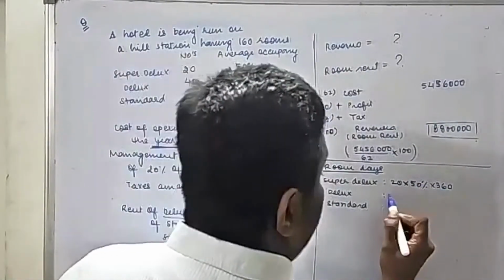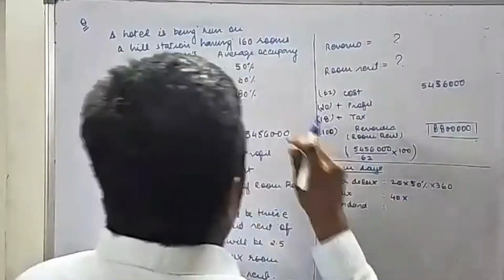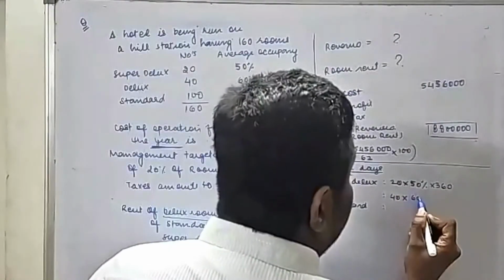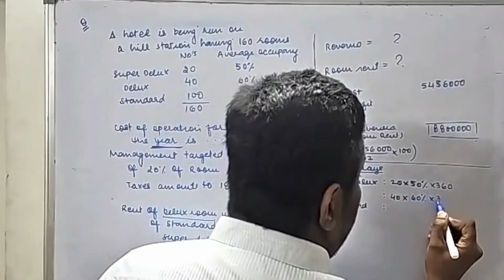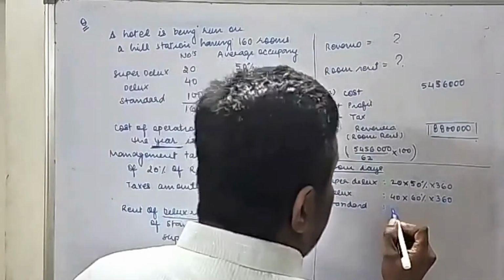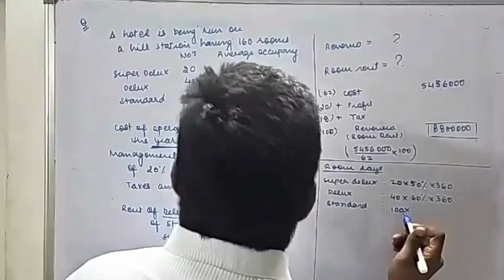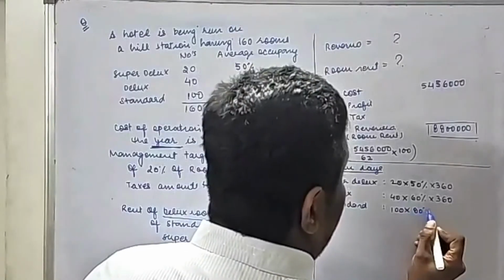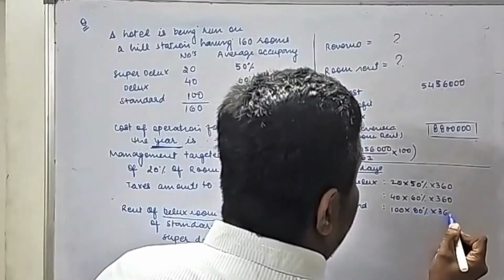Similarly, there are 40 rooms and the occupancy is 60% per day into 360 days in a year. Similarly, here there are 100 rooms and the occupancy is 80% into 360 days in a year.